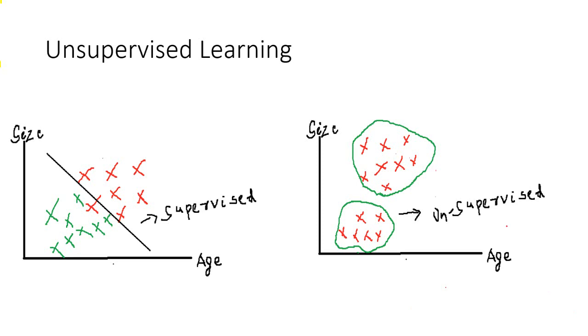You can see on the right hand side in the second graph, you have only the red crosses. There is no distinction between malignant and non-malignant cancer. The machine learns by itself to distinguish between these two cases. It groups them into two categories.